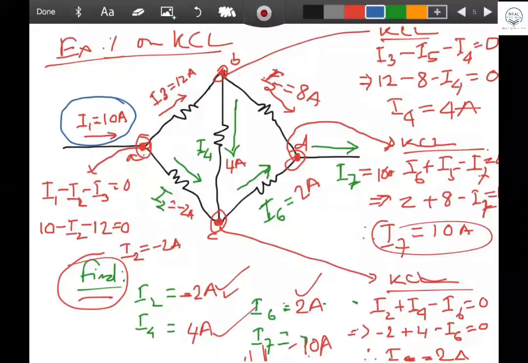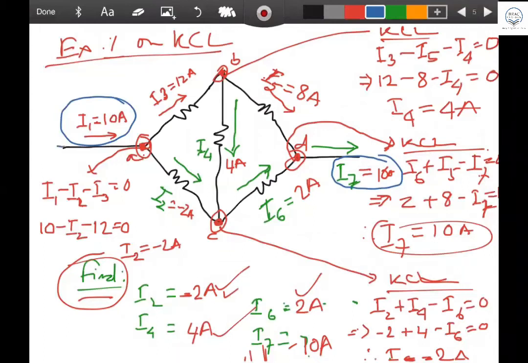And the total current going out from the circuit is also 10 ampere, because I7 is 10. So 10 ampere enters the circuit and goes out from the circuit. Where does the 10 ampere come from and where does it go?